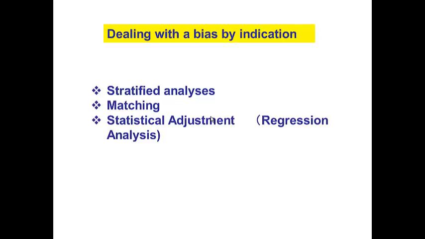Although when you have an observational study, there are so many confounding factors, so it is almost impossible to use stratification or matching to adjust for all confounding factors simultaneously. Therefore, the number one choice for adjustment for confounding is regression analysis. So we use a statistical tool to adjust for confounding.